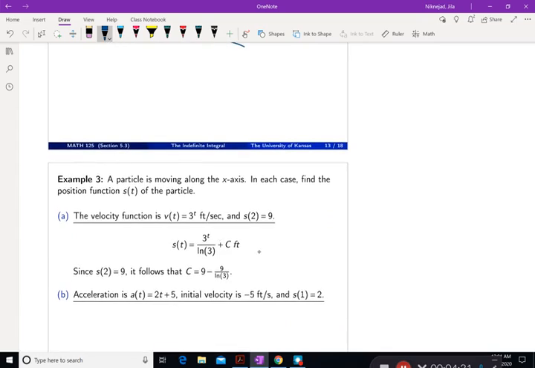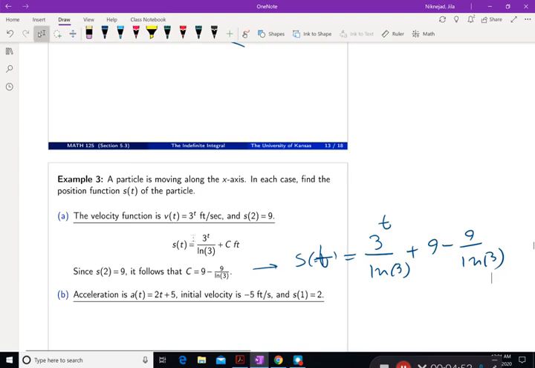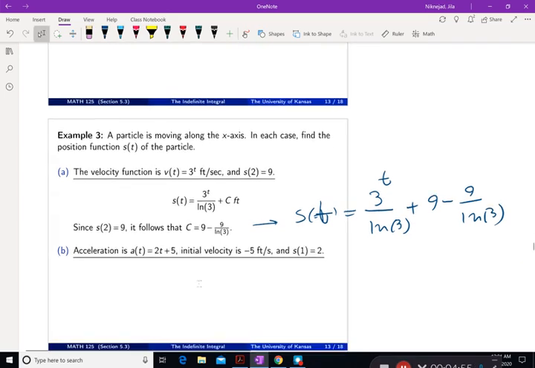So basically at the end, s of t is going to be 3 to the power t over natural log of 3 plus 9 minus 9 over natural log of 3. And so that was option 1, when the velocity function was an exponential.